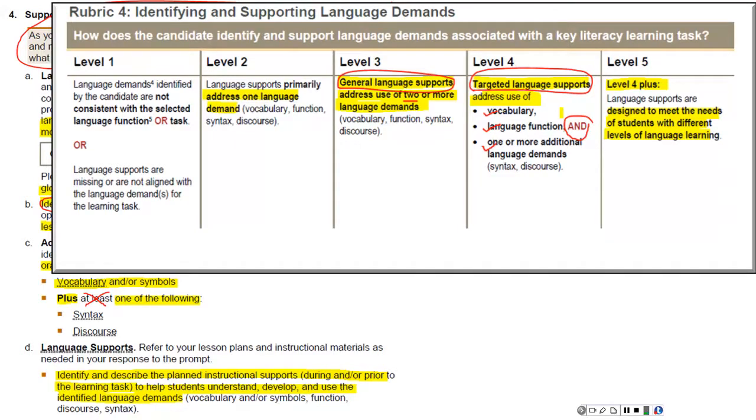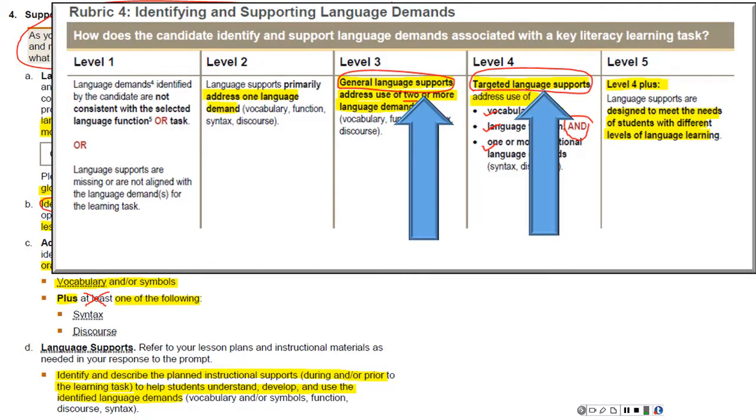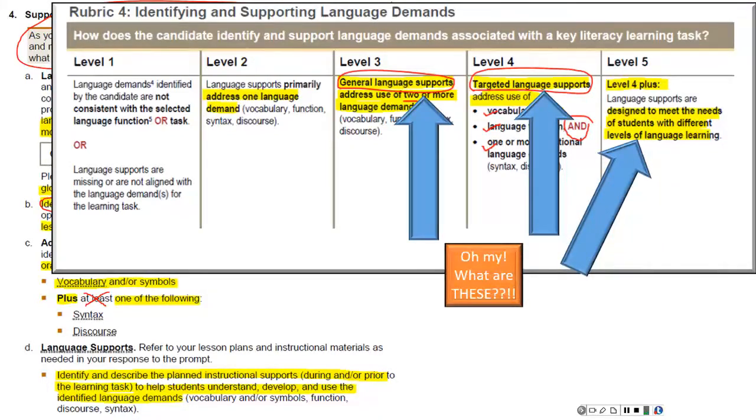And you'll notice those are on your lesson plan template, and they're there for a reason. These are what gets you a level 3, 4, and 5 on the edTPA rubric 4.